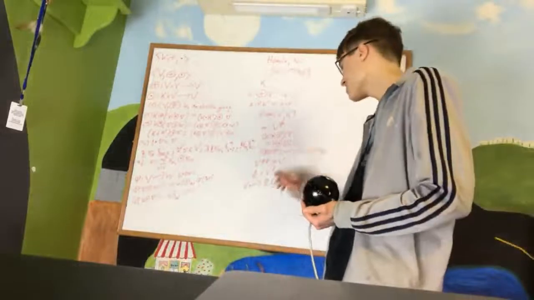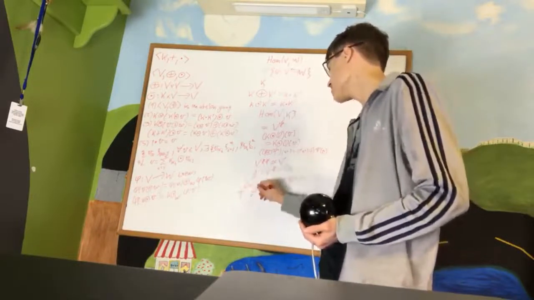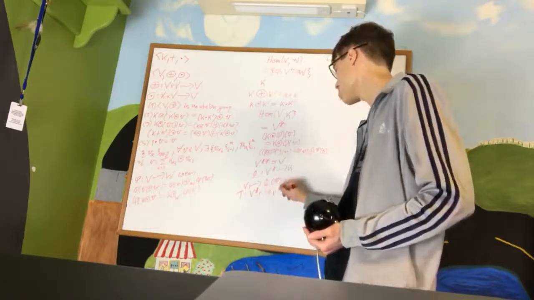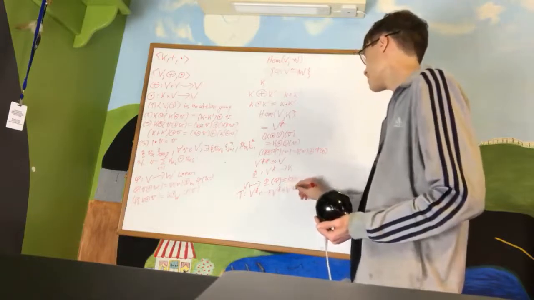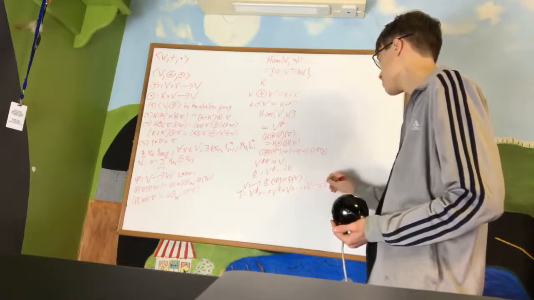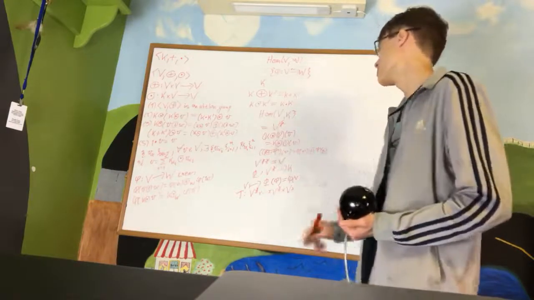And what a tensor is, it's just a map which takes in a bunch of covectors, so a bunch of elements from the dual vector space, and a bunch of vectors from the normal vector space. And it will send it to an element of the field. And it's just a linear map.